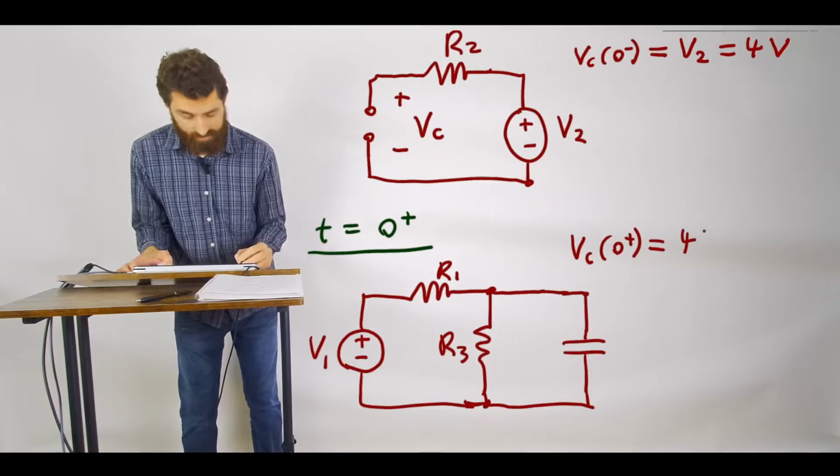So now we can think about what the circuit looks like at t equals infinity. After a long time in steady state, we know that a capacitor eventually will look like an open circuit. So then the circuit will look like this.